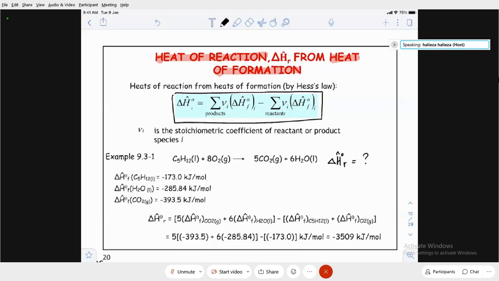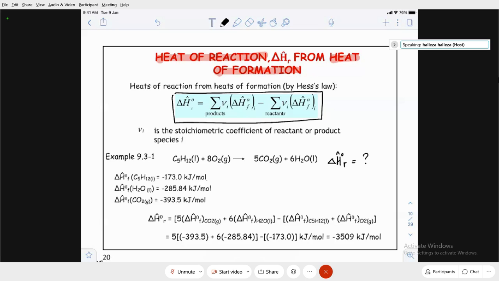The first method we already discussed last week using Hess's law. If you have a few reactions given with the corresponding heat of reaction, you can play around with it mathematically. You will end up with the desired reaction that you want using Hess's law. That's the first method. The second method is using the heat of formation. So you will get your reaction from Appendix B1.